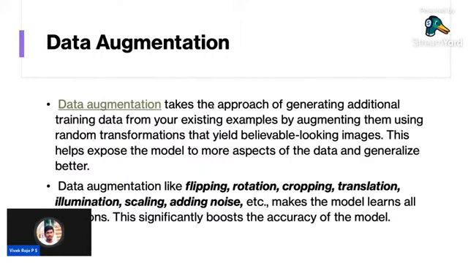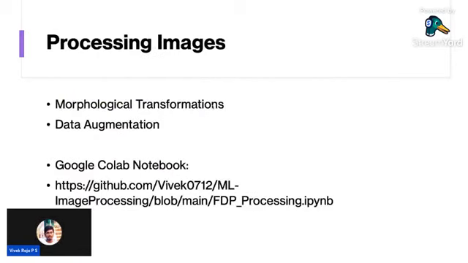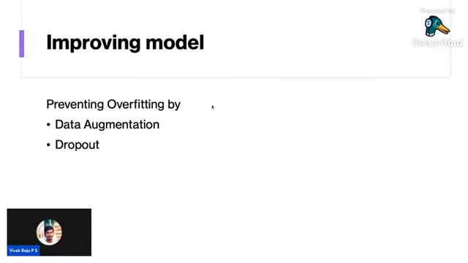Data augmentation is flipping, rotating, cropping, translating, and adding noise and illumination to the image, to make sure that you generate a lot of images from a single input image, and you make the model learn all the variations. For this, you can refer to this particular Python notebook to learn about pre-processing images. For the shortage of time, we will move on to the concepts and proceed with it.